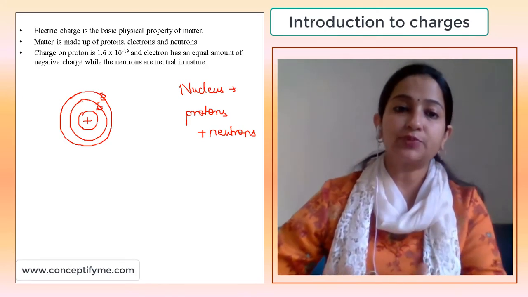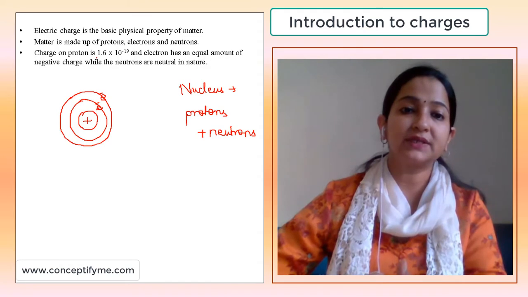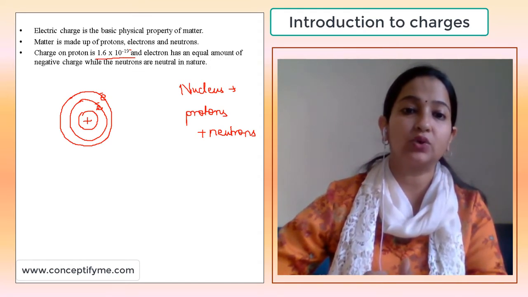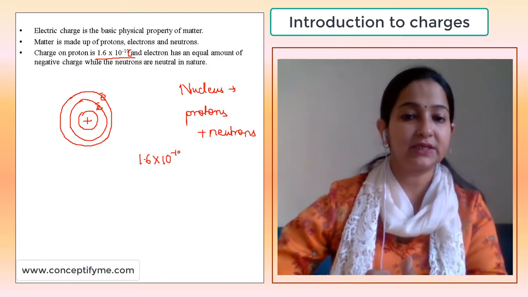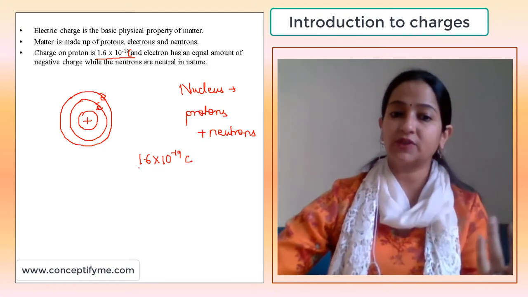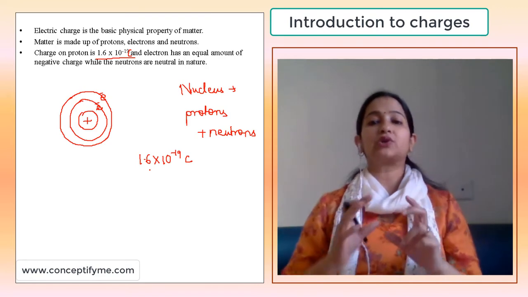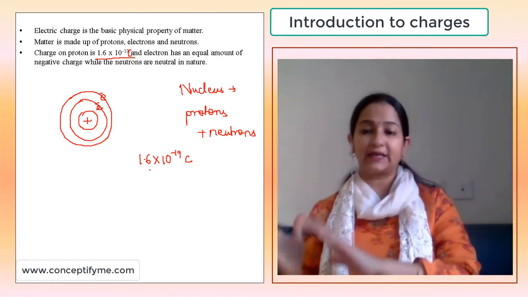Now the charge on each proton is 1.6 into 10 to the power minus 19 coulomb. This is the positive charge on the proton, and each electron has an equal amount of negative charge.